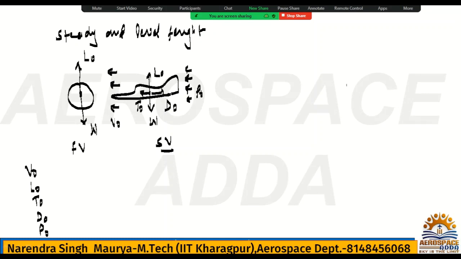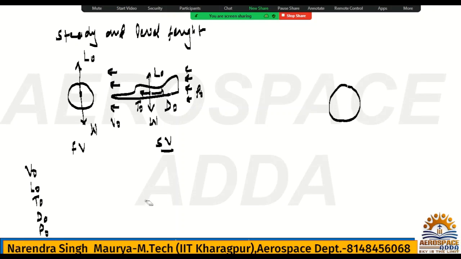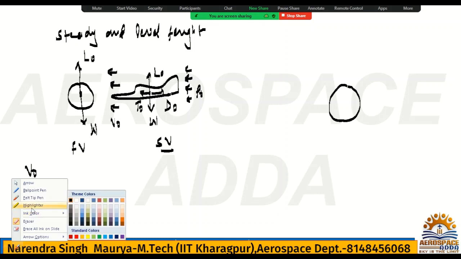But at the same time, suppose the aircraft is now going to turn. So that diagram will be like this only. Draw a proper diagram.